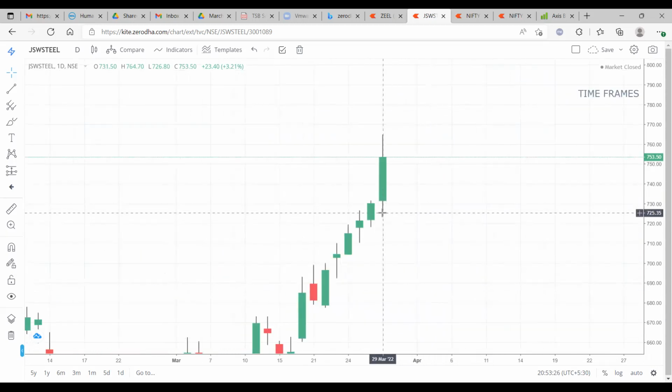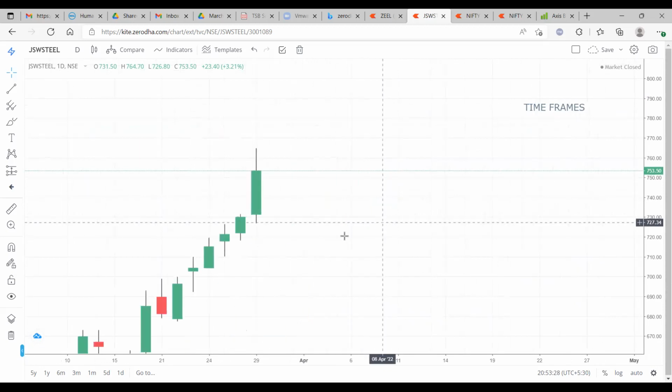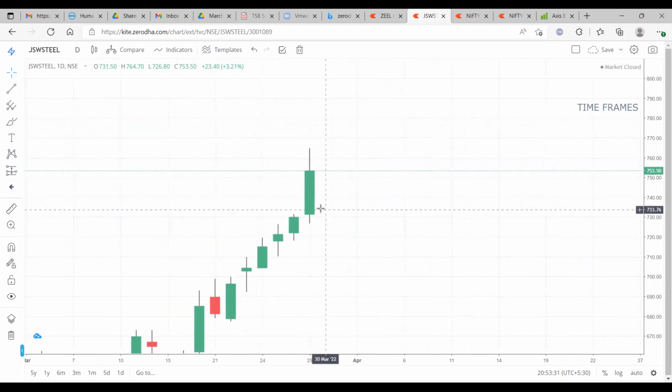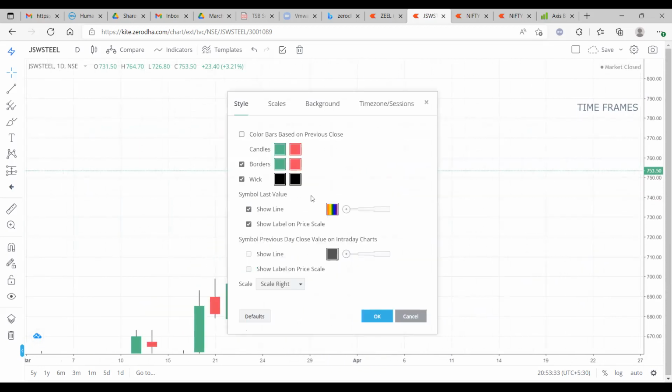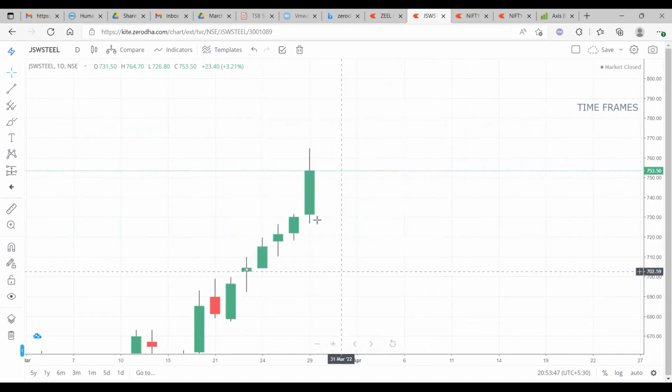I made the tail a little thicker so that it is clearly visible. Any color you want to change, double click on the candles and you can change it here. If you want dark green or pink, whatever color. And the wick is nothing but the tail of the candle, which is shown here. I made it black so that it is more visible and clear.